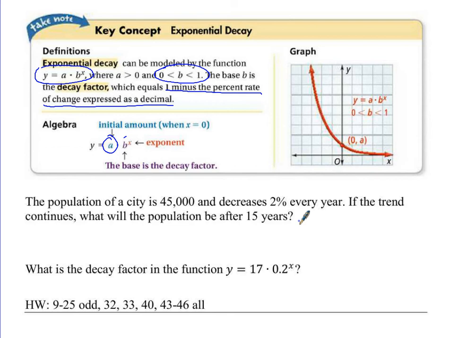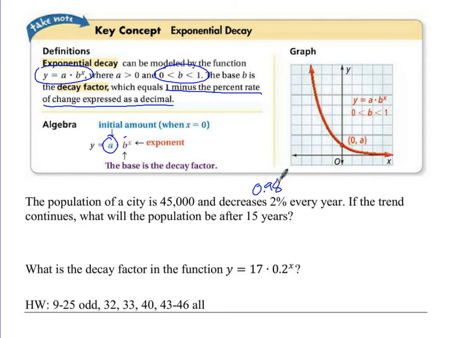It'd be 98%, right. And that's where the 100 minus the percent rate comes from, or 1 minus 2% would be 0.02 as a decimal. 1 minus 0.02 is 0.98, which is 98%. So take 100% minus 2%, you got 98%, which means that we're working with 0.98. And that's our base.